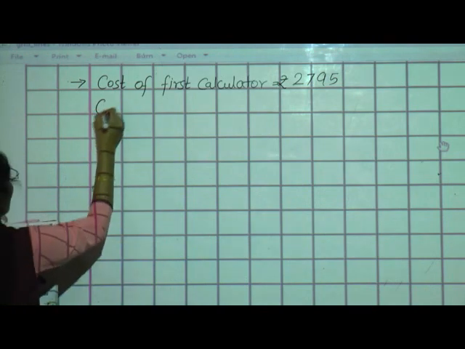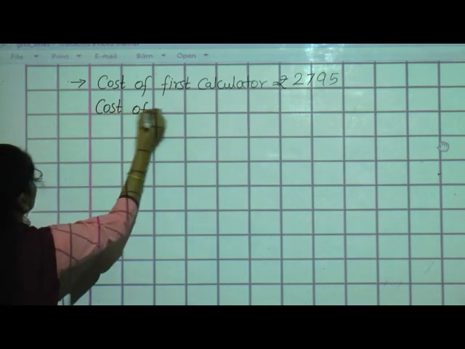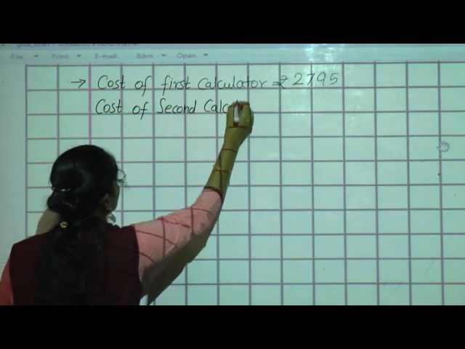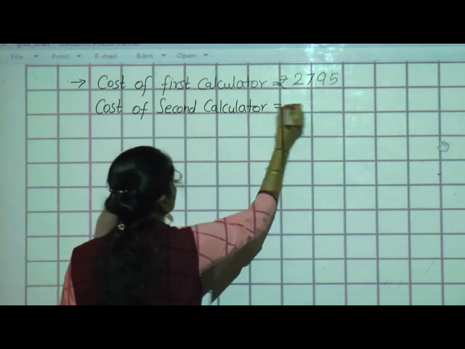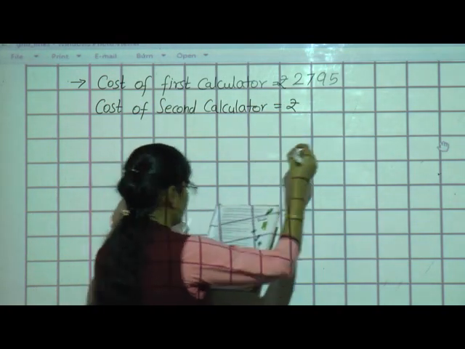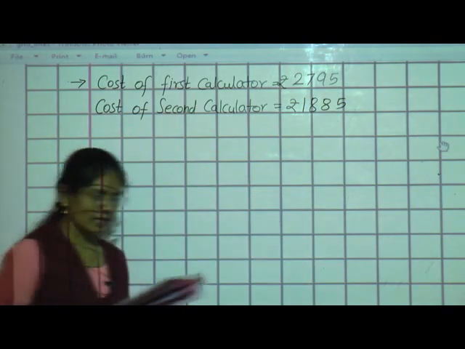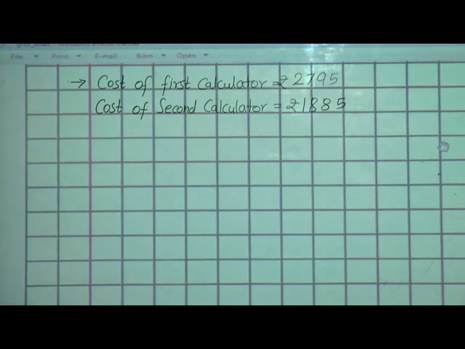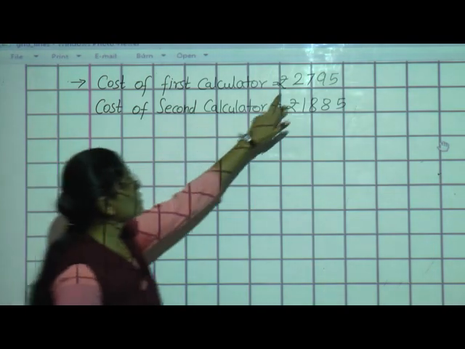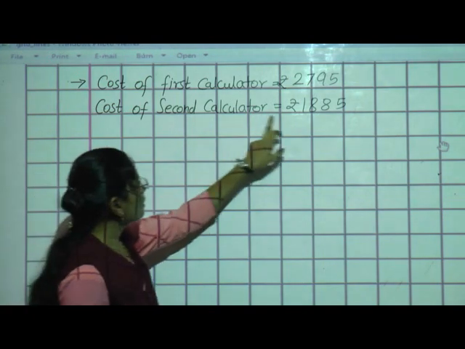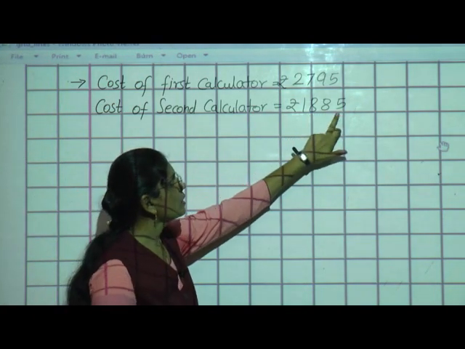And the cost of the second calculator is equal to rupees 1885. And the question is, how much did he pay in all for the 2 calculators? Now see, the cost of the first calculator is 2795 and the second calculator rupees 1885.